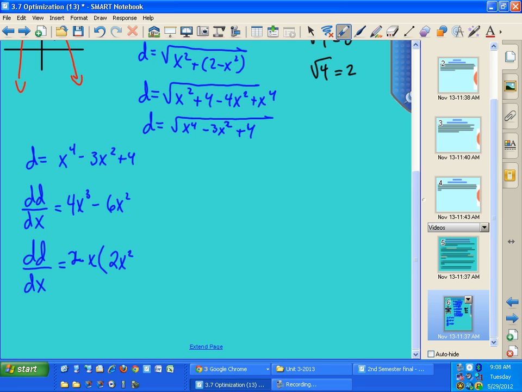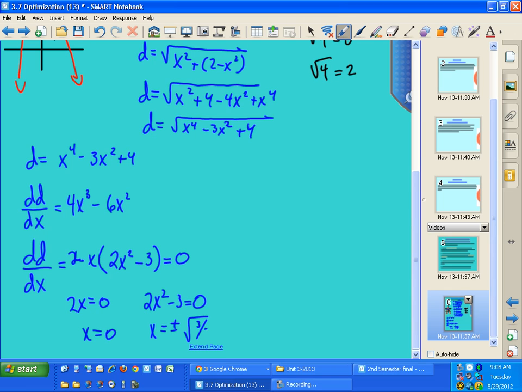Now, what do we do to maximize or minimize? Well, we set these equal to 0. So 2x equals 0, and 2x squared minus 3 equals 0, which means that x is either 0 or plus or minus the square root of 3 halves.